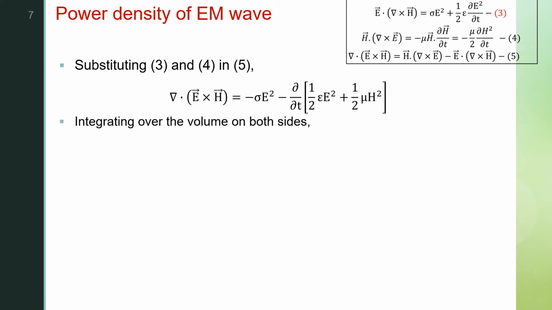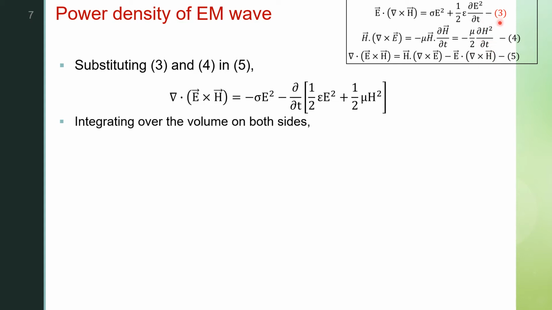So let's substitute equation number 3 and 4 in equation number 5. Equation number 5 is del dot E cross H is equal to H dot del cross E minus E dot del cross H. So let's write del dot E cross H is equal to, what is H dot del cross E? That is minus mu by 2 ∂H square by ∂t. What is E dot del cross H?